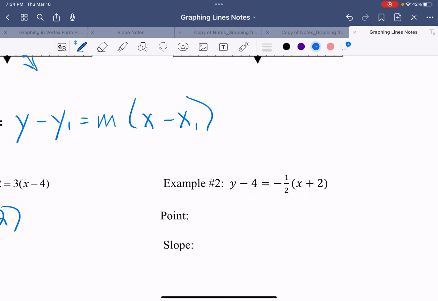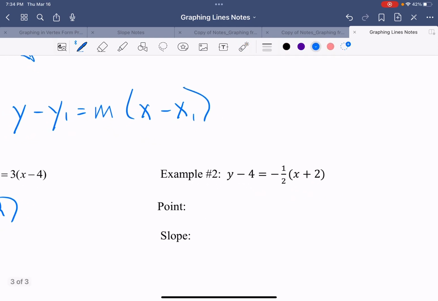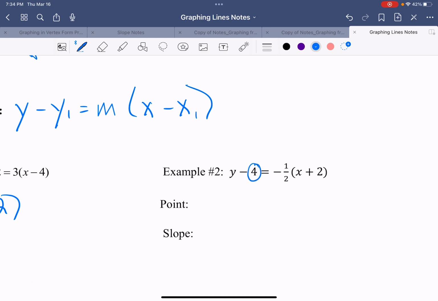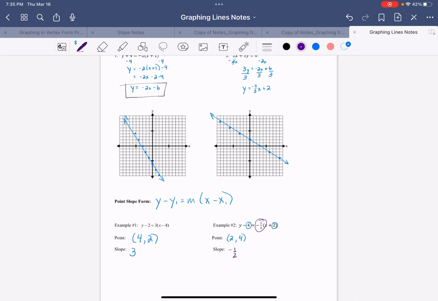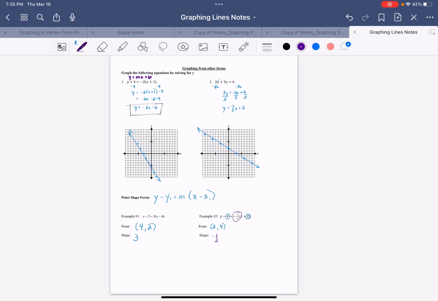Okay, so if you figured out our point is, here's our y, you can do that, and here's our x, 2. Our slope is right here, -1/2. And you can graph that particular equation now. So it doesn't matter if you have it in point slope form or slope intercept form, you should be able to graph it.